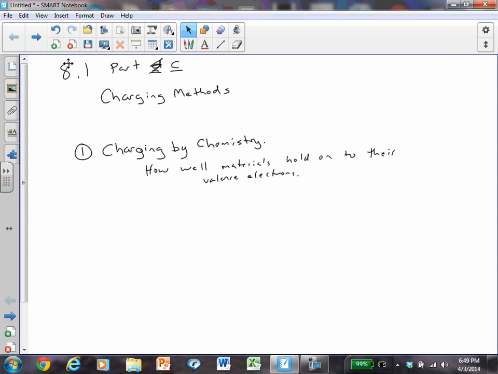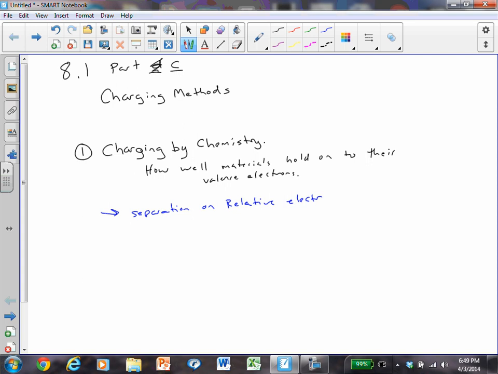But this relative electronegativity, so separation on relative electronegativity, one's more electronegative than the other.